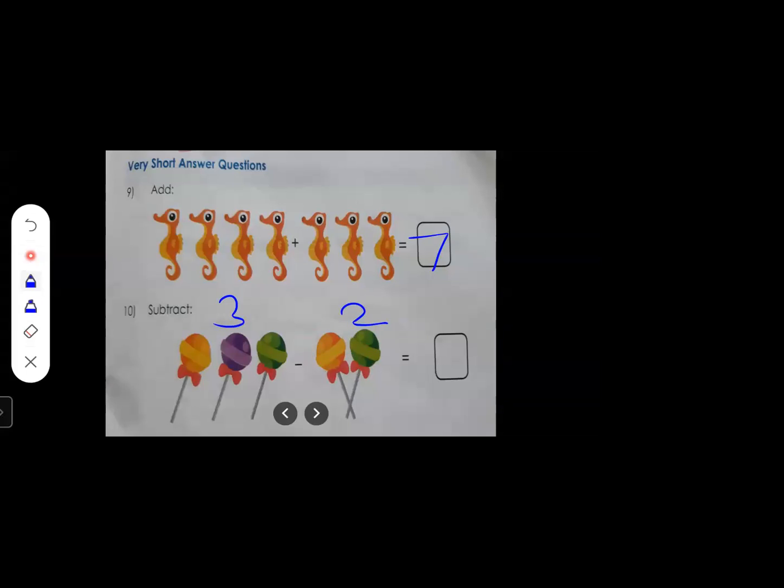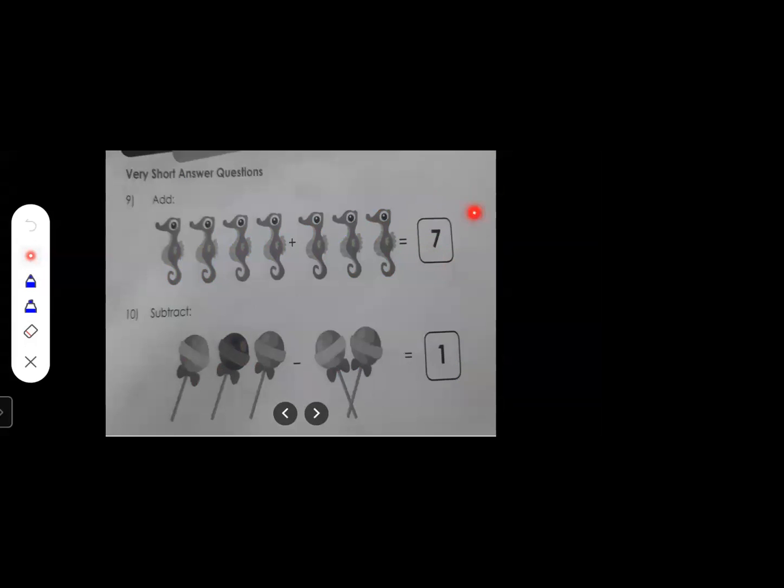How many fingers are left? 1, right? So 3 minus 2 is equal to how many? So see here we have written 7 and here it is 1.